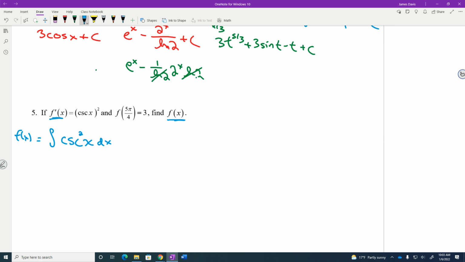Okay, so what function connects with this cosecant squared? That's what you want to think. What function gives me this as a derivative? Well, cotangent gives you minus cosecant squared, right? So in order to get a positive, I want my f of x to be minus cotangent x.